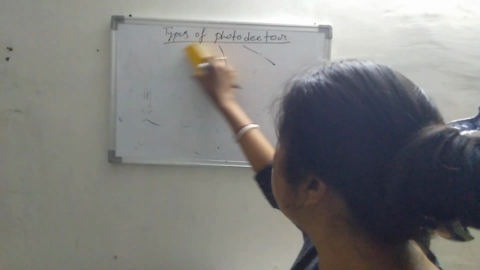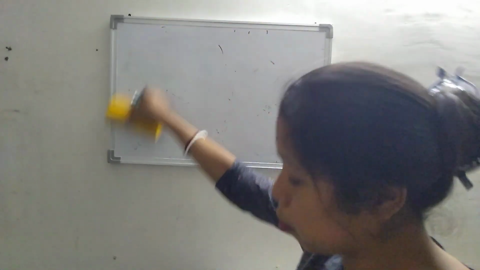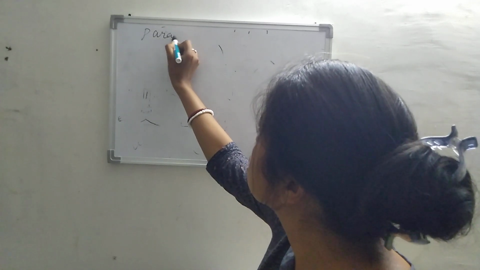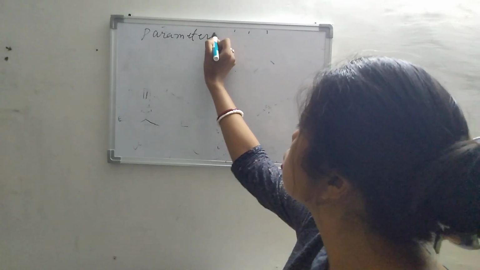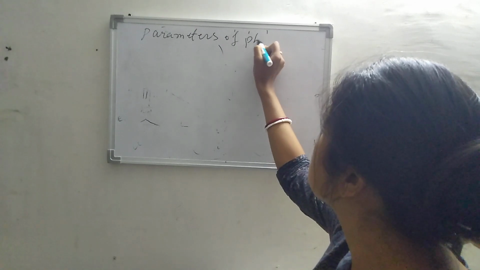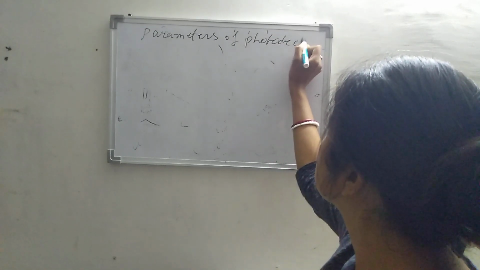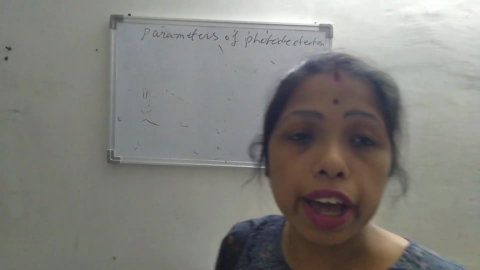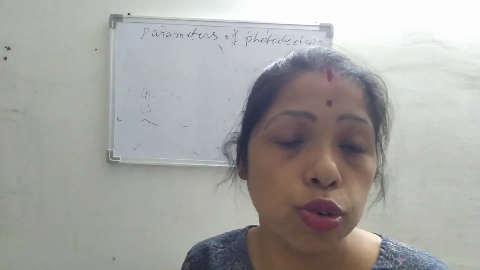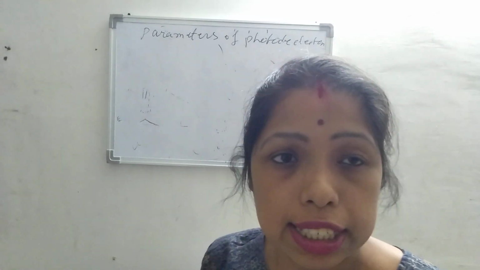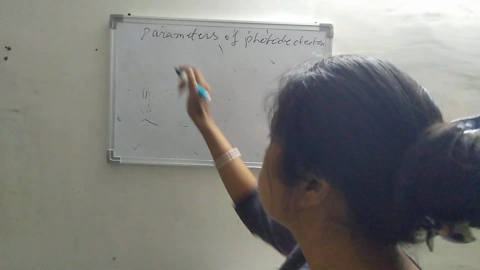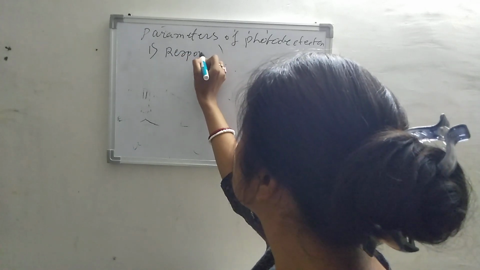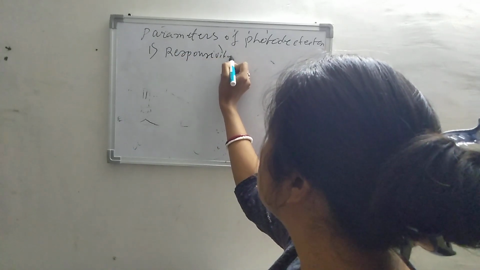Now coming to the parameters of the photodetector. If you want to characterize any kind of photodetector, we need to know some parameters. First, I will tell about the responsivity.